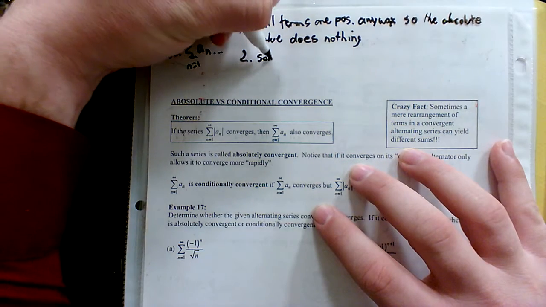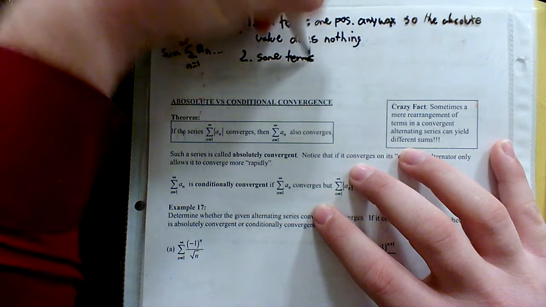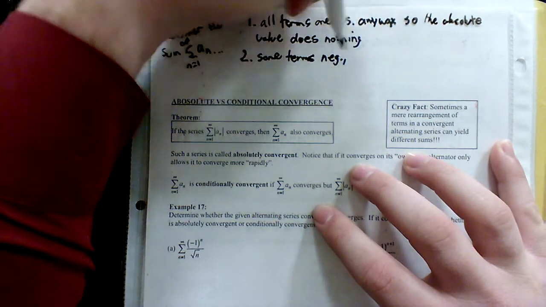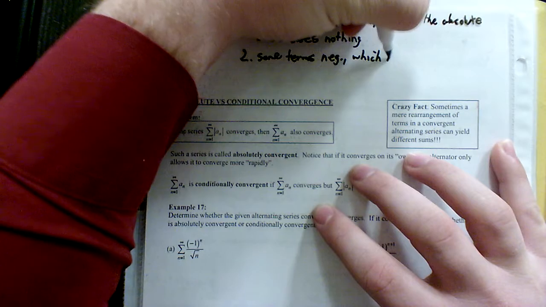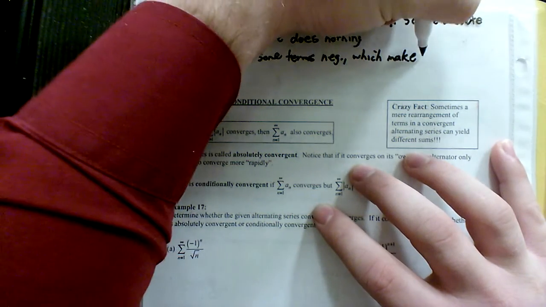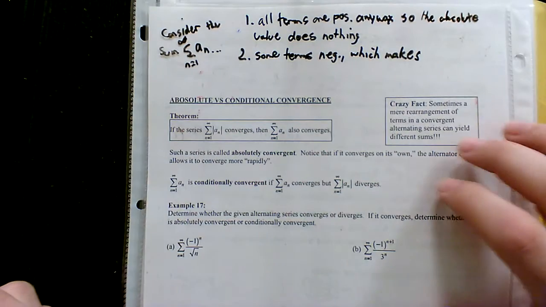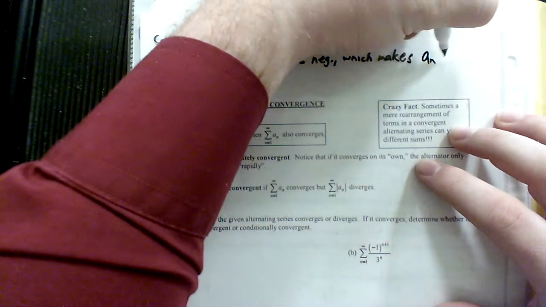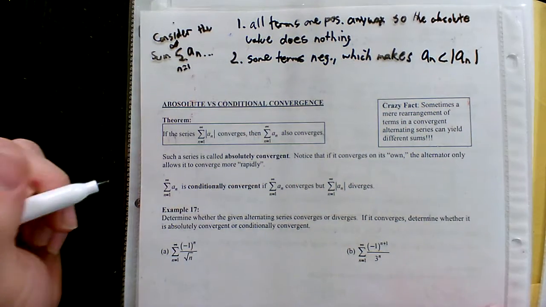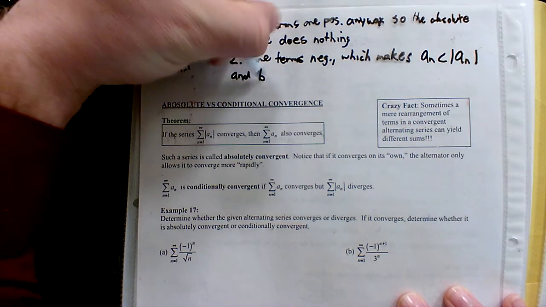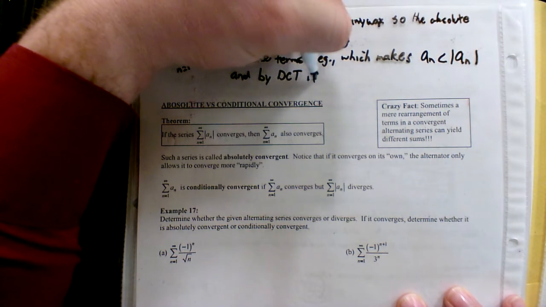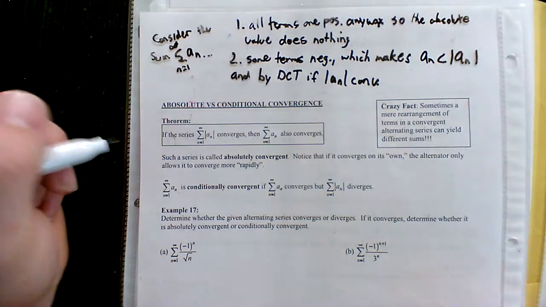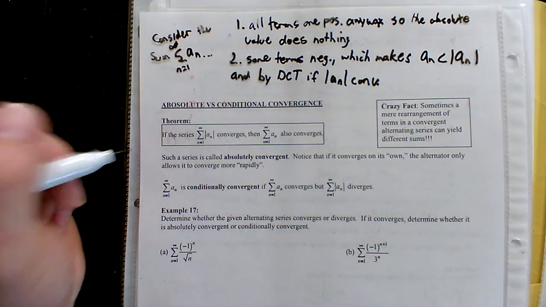The second thing, some terms negative, which makes an less than the absolute value of an, and by the direct comparison test, DCT, if the absolute value of an converges, so will an.